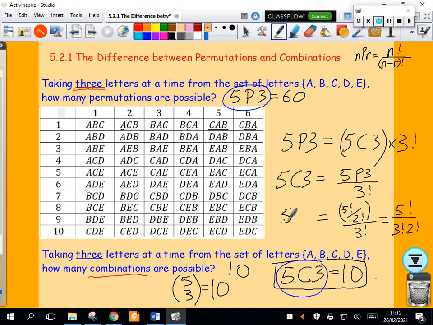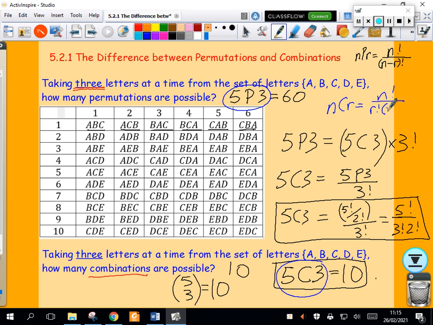Okay, so 5 choose 3 is equal to 5 factorial divided by 3 factorial times 2 factorial, which gives us a little formula. It doesn't take much imagination to extend that for n choose r. In general, n choose r is equal to n factorial divided by r factorial multiplied by n minus r factorial. And that's called my combination formula.